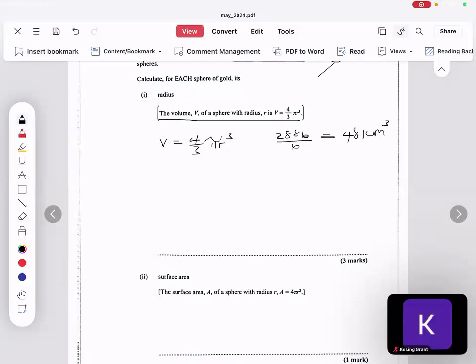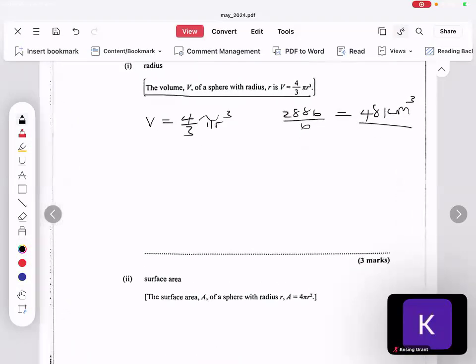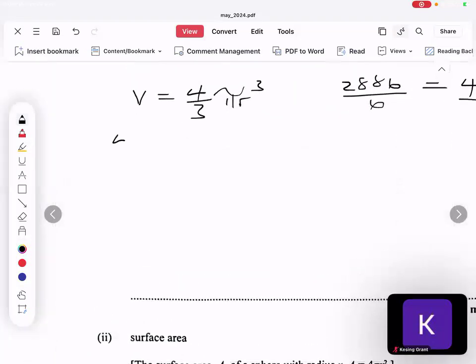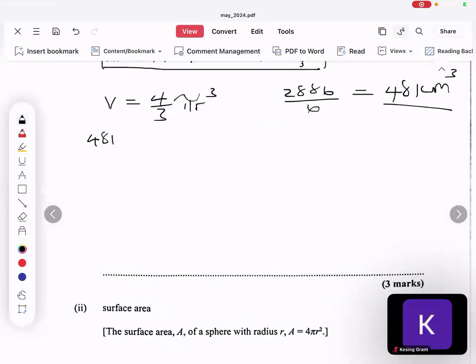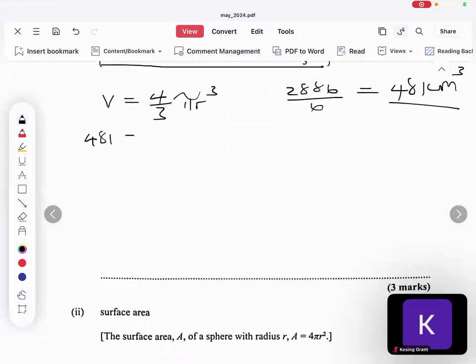So this is going to be a new V. Critical thinking, people, that's all it's about. So 481 is equal to 4 over 3. They say we must use pi as 22 over 7.